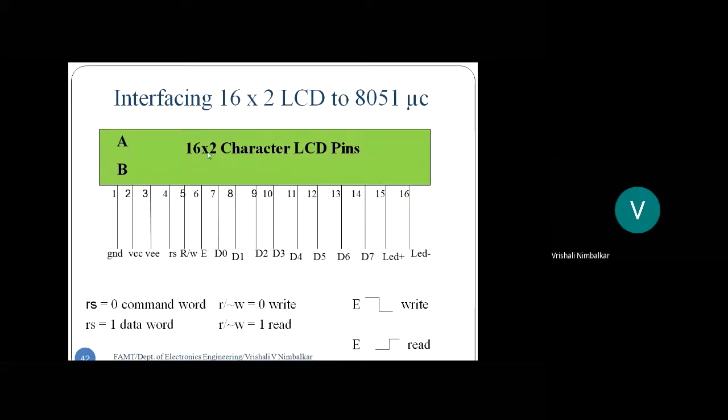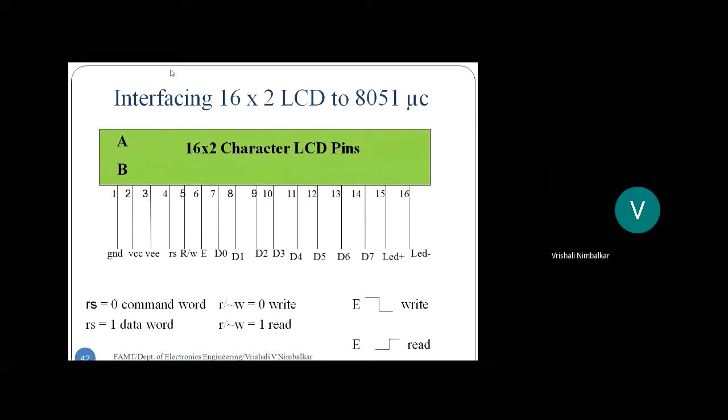I told you all, the LCD itself is a complex device. It has its own microcontroller setting. So for the LCD to start functioning correctly, we need to send a few command words first so that the LCD itself gets initialized. Then we use it to display the letters, the information, the messages.